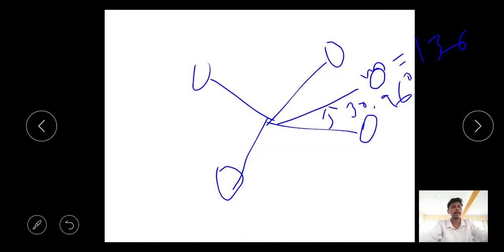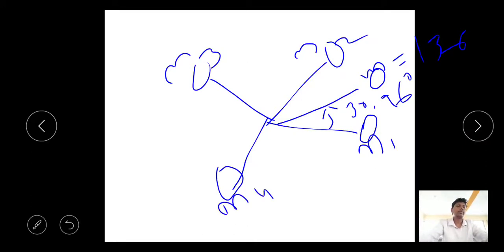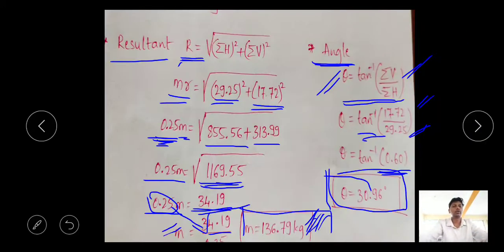At this angle you can balance all these forces. So you can balance all this m1, m2, m3 and m4. You can balance these four masses using this mass m at an angle of 30.96 degrees. I hope you have understood this problem.